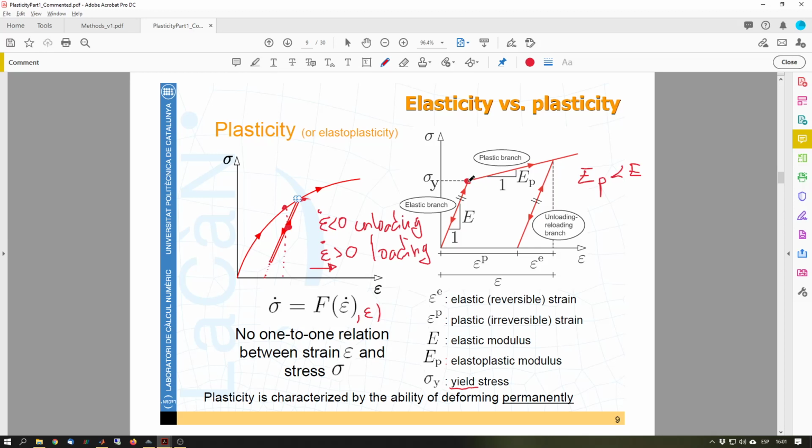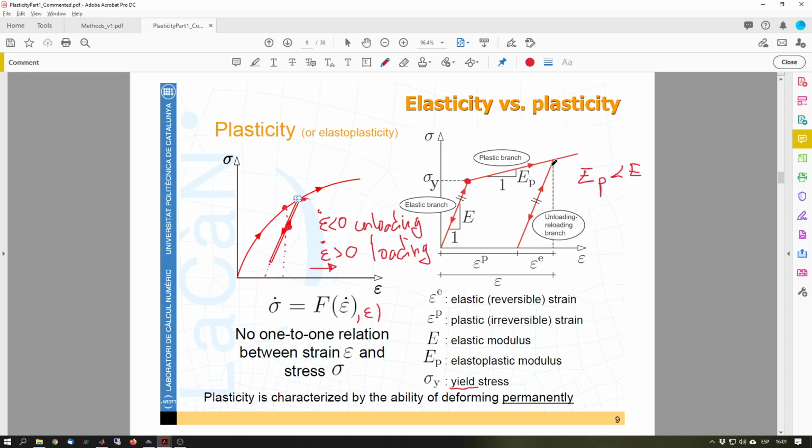And whenever I'm unloading from any point on that branch, beyond the yield stress, when I remove the stresses, I go parallel to the Young's modulus. We will simplify our model with an unloading behavior going parallel to the Young's modulus. That will make our life much easier later on.